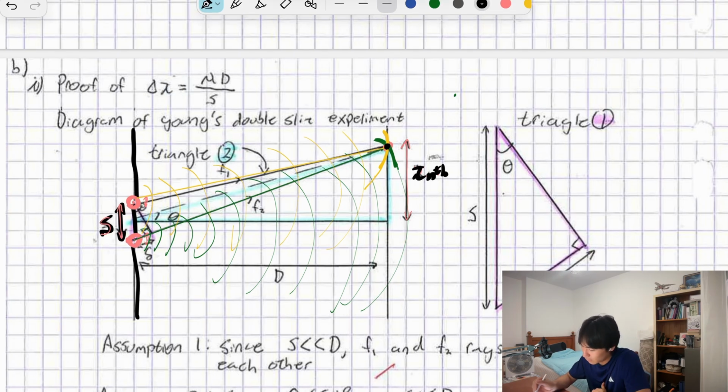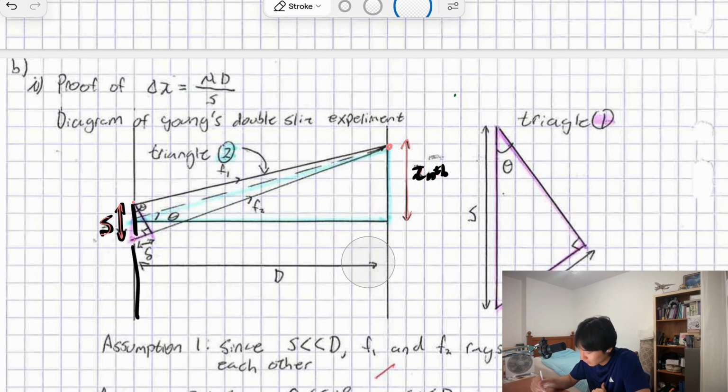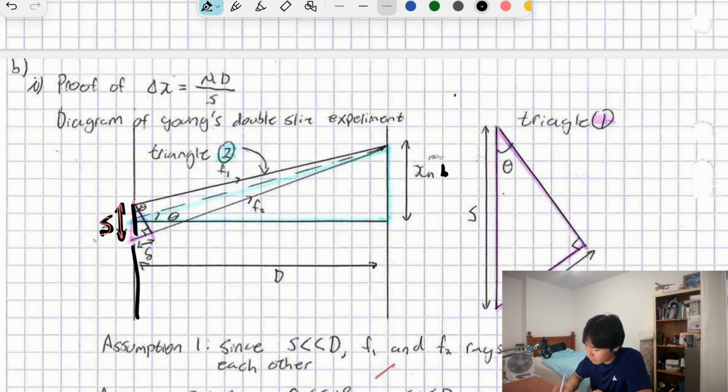Let me clean up a bit. And then we can simplify this by saying that instead of drawing all the wavefronts, because it gets really, really messy, let's just draw them as beams of light here, okay?